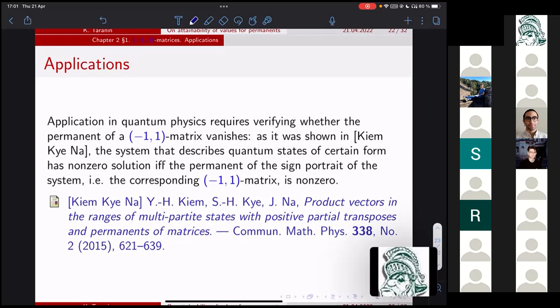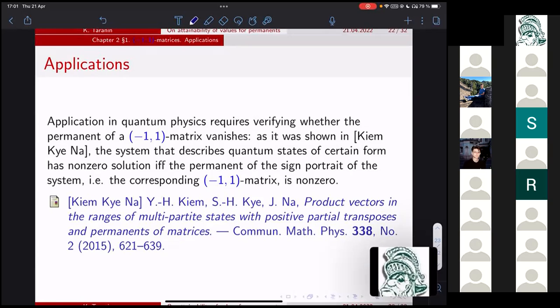The range criterion is actually not a criterion, it's a necessary condition. It states something about when a quantum state is separable.